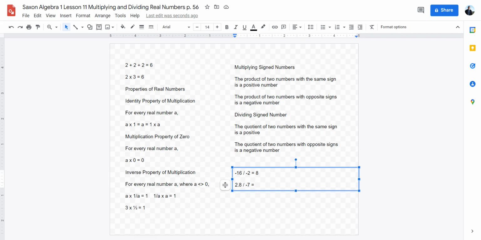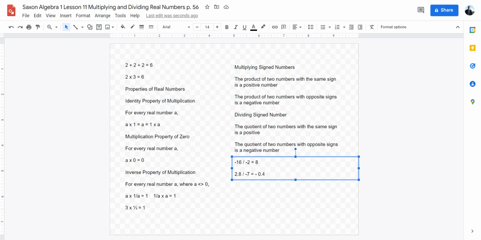So 2.8 divided by 7 would be 0.4. If you need to do the long division to see that, feel free. But now I'm dividing two numbers that have opposite signs, so it's not just going to be 0.4. I have to keep in mind that because they have opposite signs, I need to include a negative sign out front. It's going to be the opposite of 0.4.